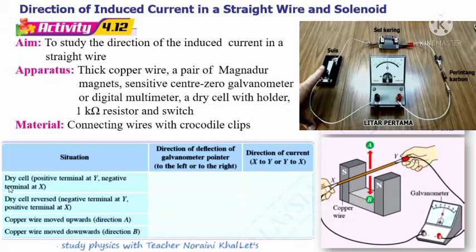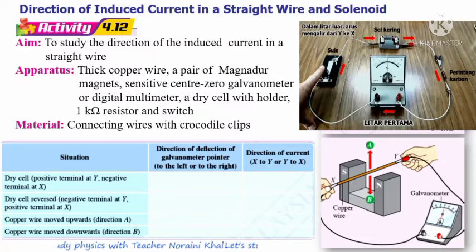For the first part, the positive terminal is at Y. The battery is placed so that the positive terminal of the battery is at point Y, and the negative terminal of the battery at point X. Let's observe the direction of deflection of the galvanometer pointer and also the direction of current in the battery, meaning either X to Y or Y to X. Observe what happens when the switch is on.